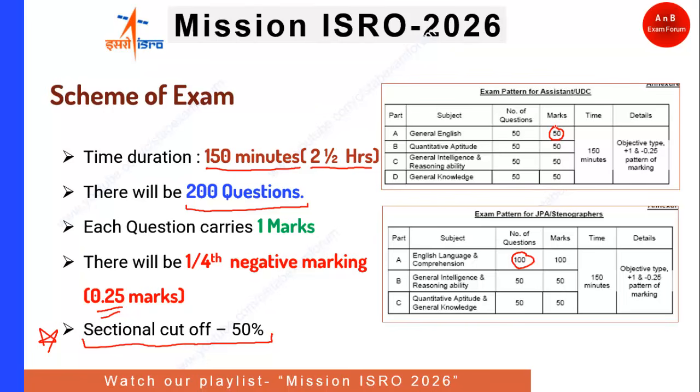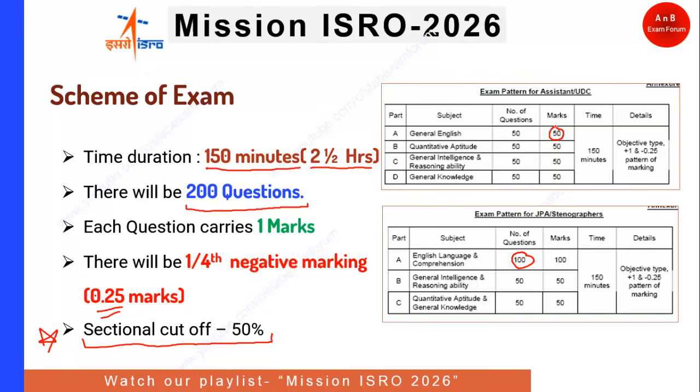That is the minimum marks that you should obtain in order to qualify. Afterward, the merit list will be made. So the sectional cutoff is very important. You cannot skip one section. You have to prepare each and every section very carefully, otherwise you will not clear this exam.